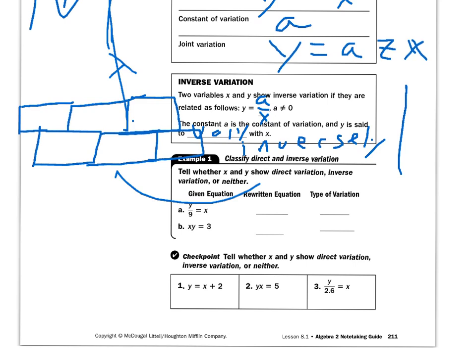Well, I solve for y, so I have y equals, and I multiply both sides by 9x, and that to me looks like a direct variation. And xy equals 3. Now if I divide by x, I get y equals 3 over x, and that right there is an inverse variation.